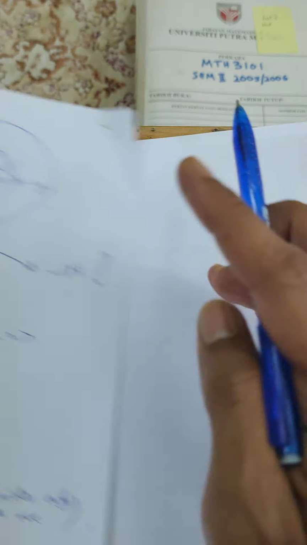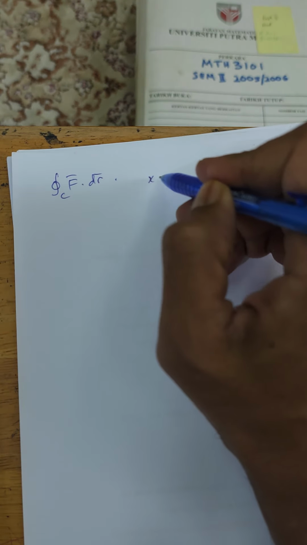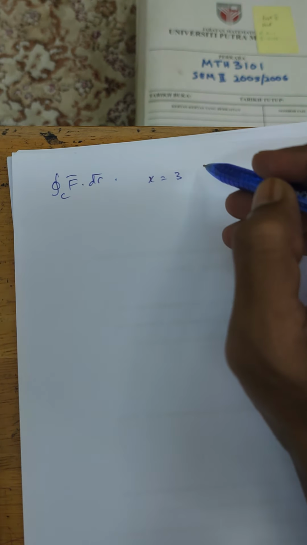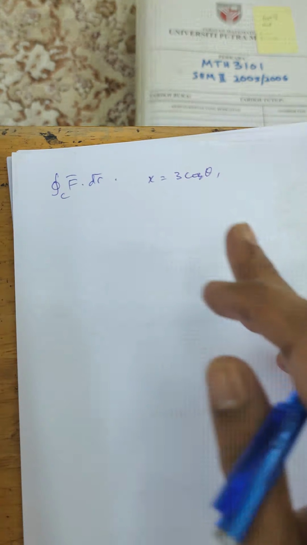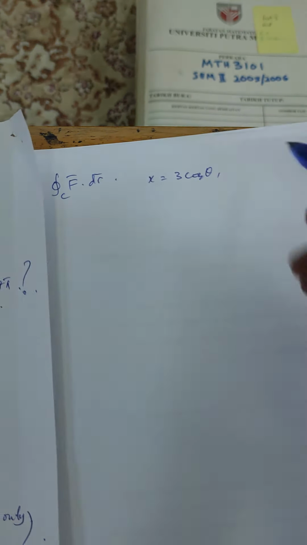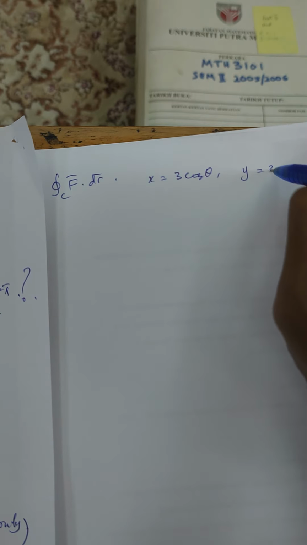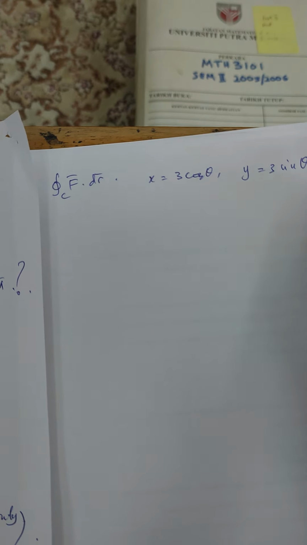On the xy plane, you can see that our x is given as 3 cos theta, because the radius is 3, and y is given as 3 sin theta.